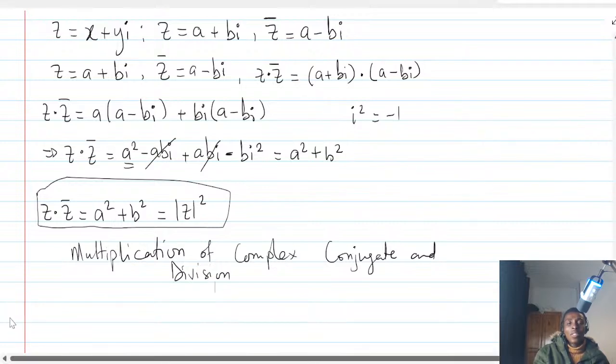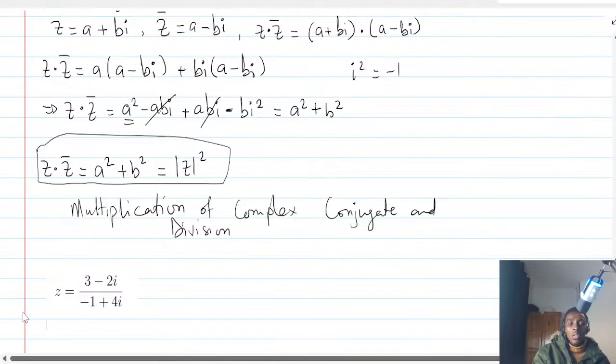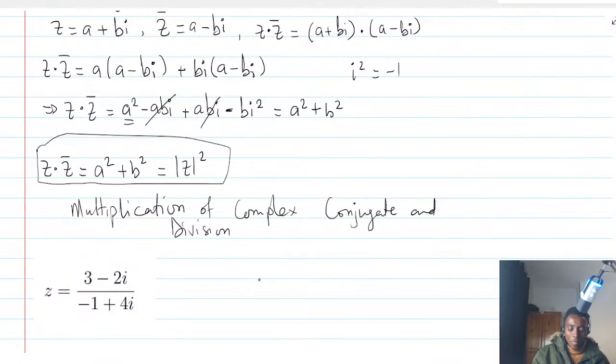So let's say you have been given something like this as a complex number. To actually simplify this, how do you do this? By the way, before you start solving this, the first thing to do is to apply what we call the conjugate.